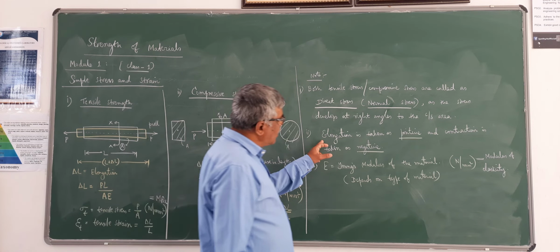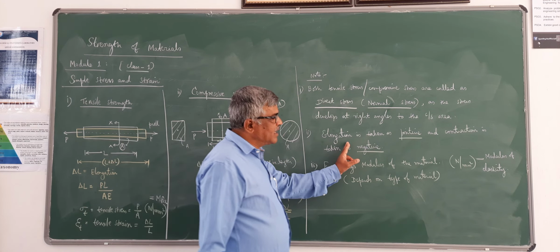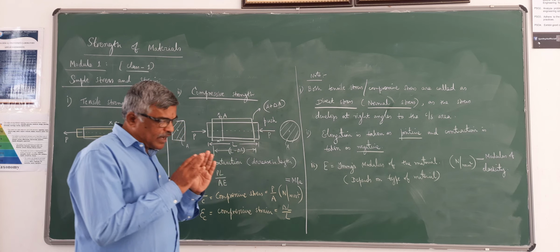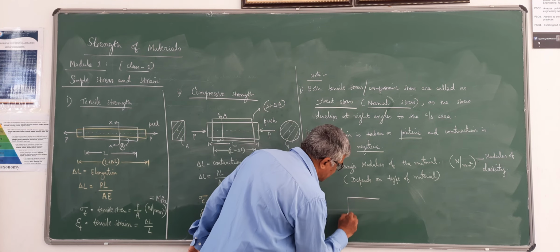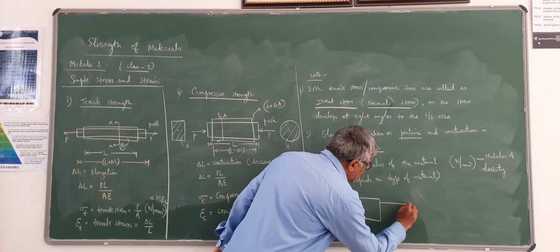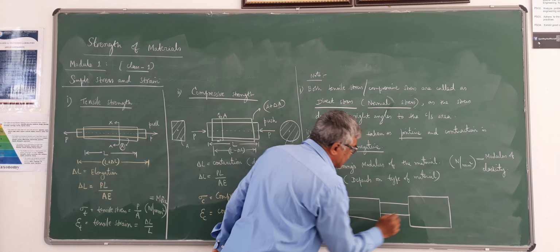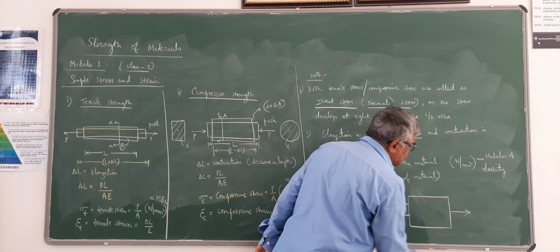Normally while doing problems, we take elongation as positive and contraction as negative, because if you take multiple stepped bars like this, in problems of this kind, if you have some 3 or 4 bars together, some bars may be subjected to tension, some bars may be subjected to compression.